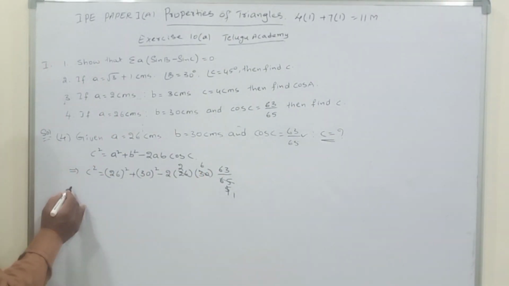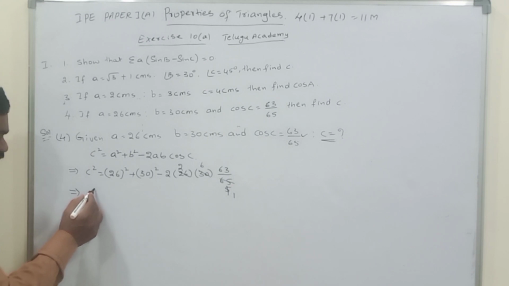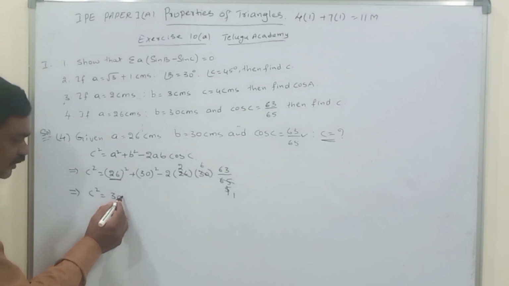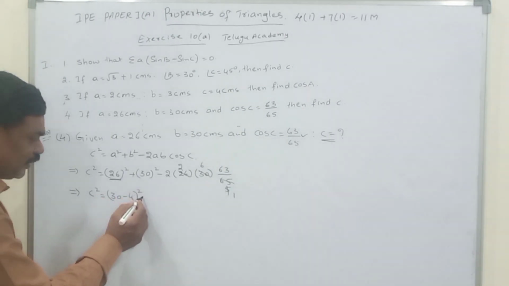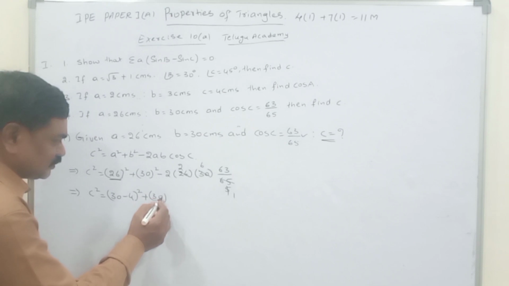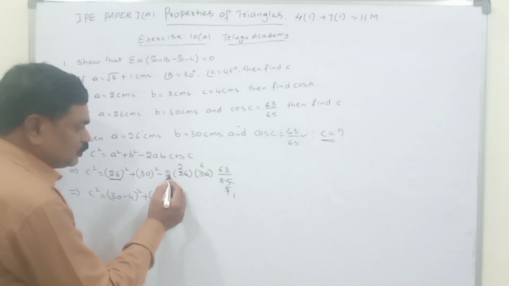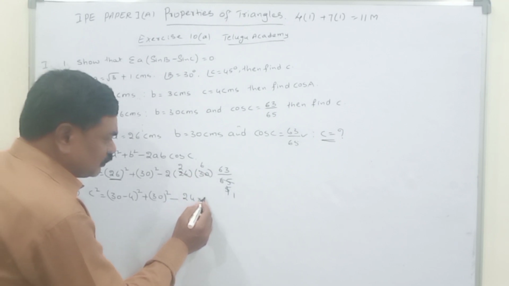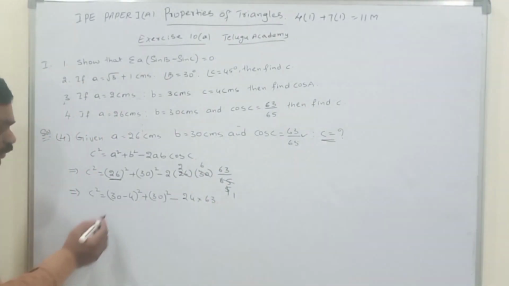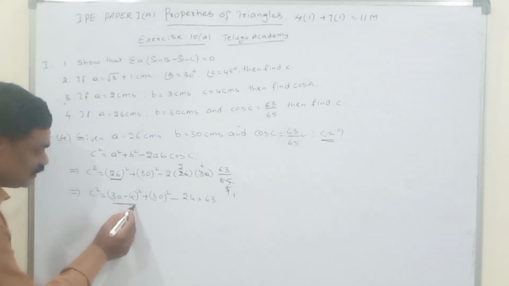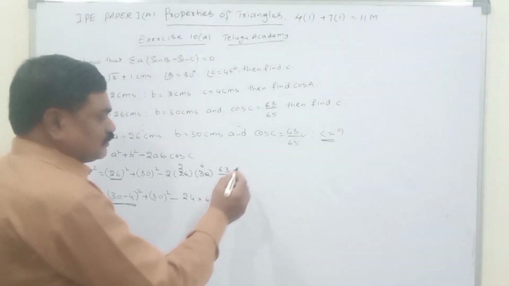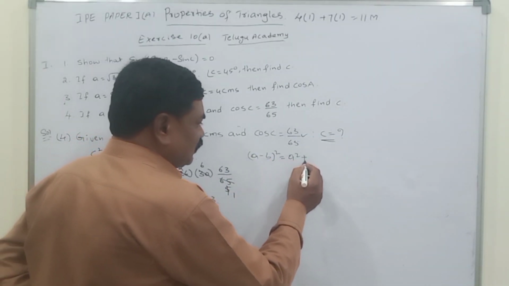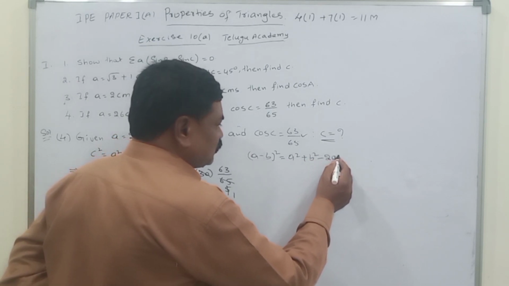Okay, all of you. So what can be written here? c square is equal to, this 26 can be written as 30 minus 4 whole square, plus 30 square, minus 2 twos are 4, 4 sixes are 24, into 63 here. You observe here, this is in the form of (a minus b) whole square. So (a minus b) whole square is equal to a square plus b square minus 2ab.